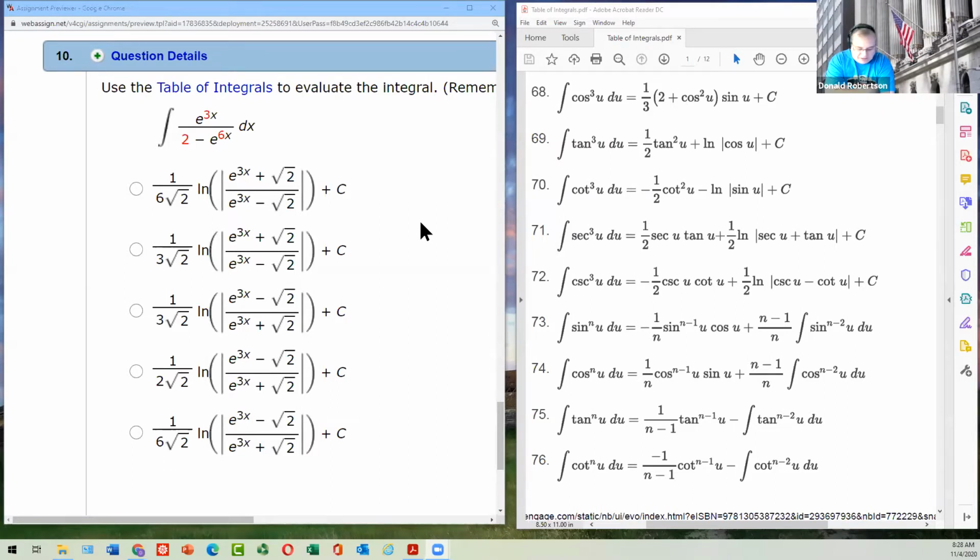And that is the end of using tables. So sometime in the future, hopefully not too often, you're going to be doing a question where the integral is just not doable as far as your skill set is at this point in time. You end up having to do the integral of some weird thing, and you just don't know what to do. It may be that that is one of the ones from the tables.